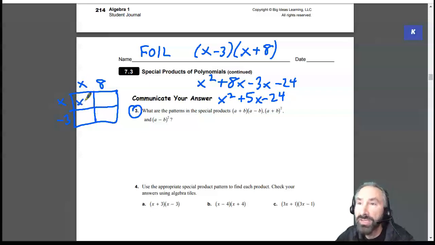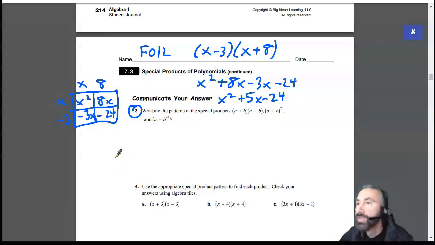X times x is x squared, 8 times x is 8x, x times negative 3, negative 3x, 8 times negative 3, negative 24. And we'll actually use this methodology in order to factor polynomials when we want to break up the product.